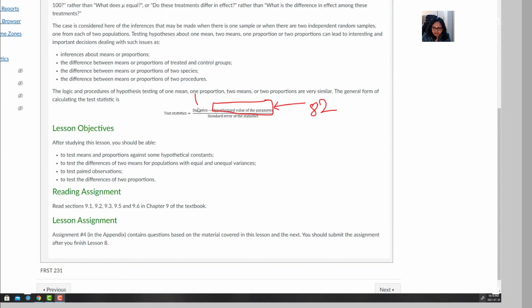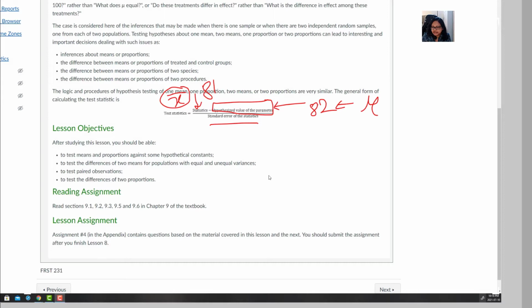We took some sample. Let's say we took 10 students' grades, and then we found, using the 10 samples we used, that the sample mean is, let's say, 81. And then this is the population mean.